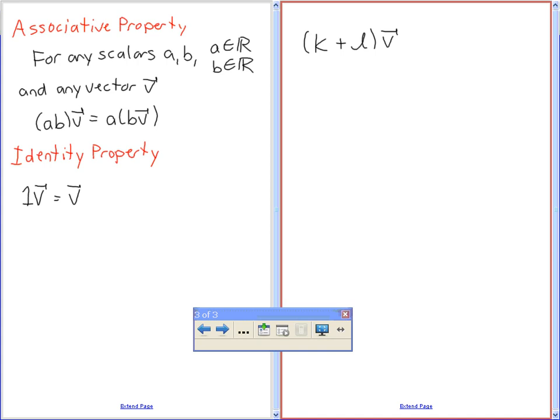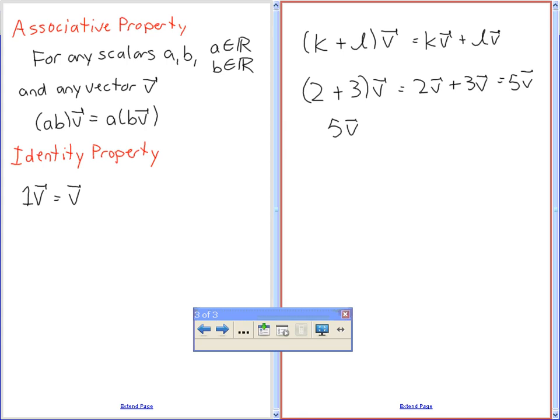Just think of it like this: say you have 2 plus 3 times a vector v. That's the same as 5v, right? You can do it two ways. You can either call it 5v, or you can say 2v plus 3v, which happens to be 5v. The same sort of algebra works, so no matter which way you look at it, that's okay.